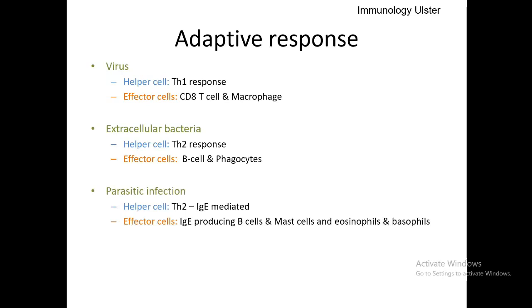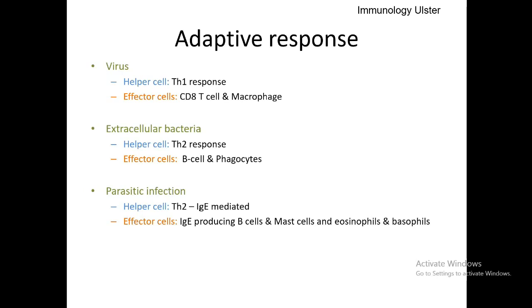In terms of parasitic infections, they too require a Th2 response, but it's a bit more specific in that in a parasitic infection, it requires the Th2 CD4 helper T cell to initiate an IgE-mediated response.